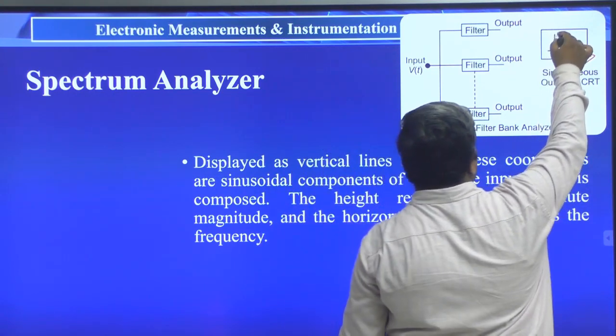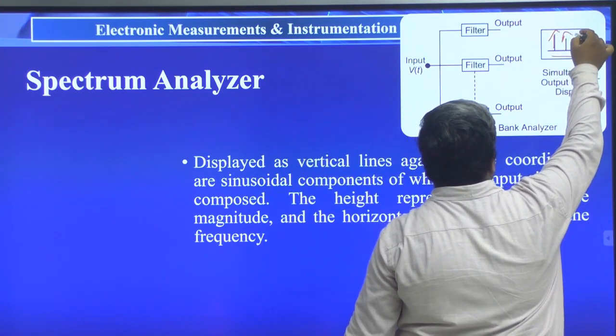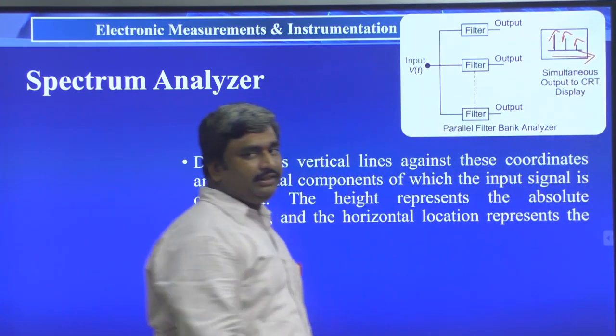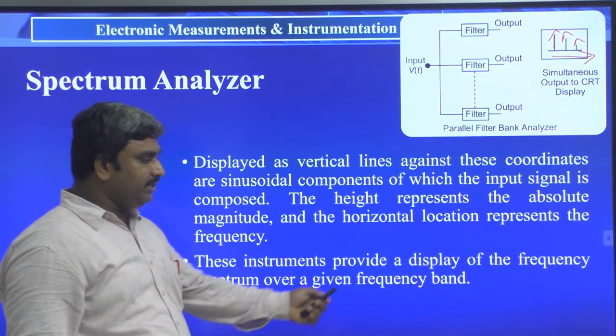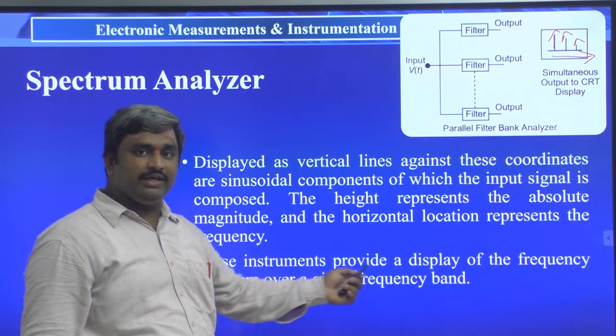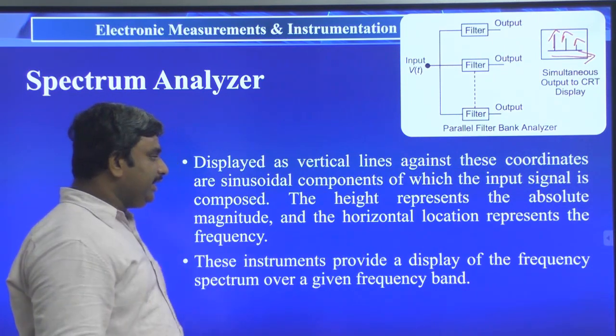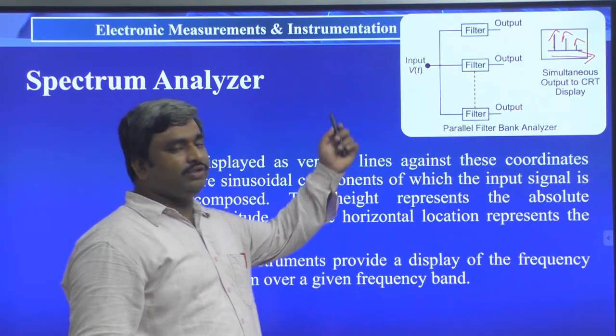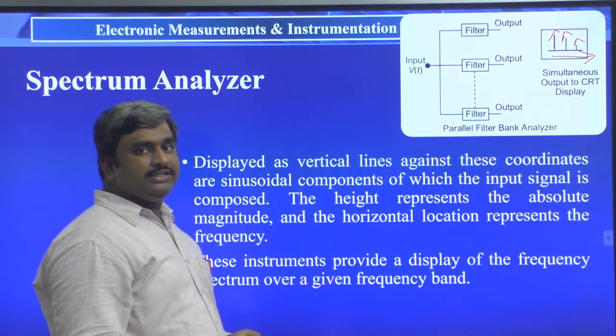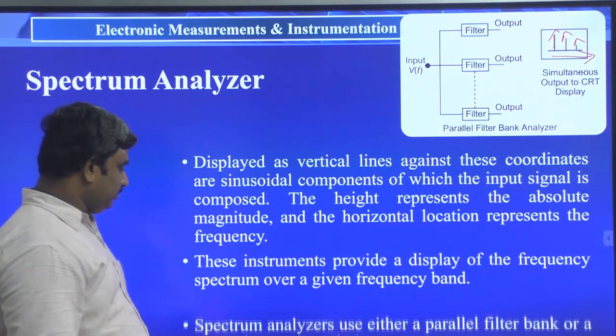The sinusoidal components we observe as vertical lines in the CRT display. These instruments provide a display of the frequency spectrum over a given frequency band. Over the frequency band, it provides the signal's behavior information.